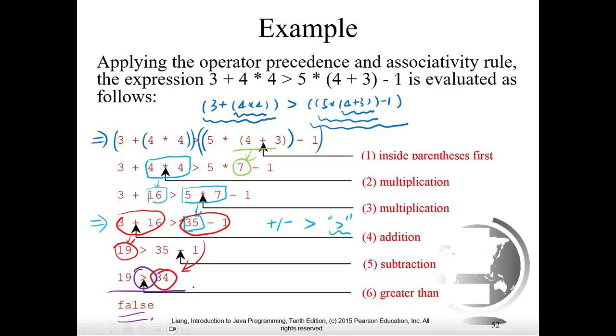Once we break all the parentheses, then we get the calculation. These things are actually easy to understand, but sometimes if you are not realizing such a thing, you may write wrong code in your program.